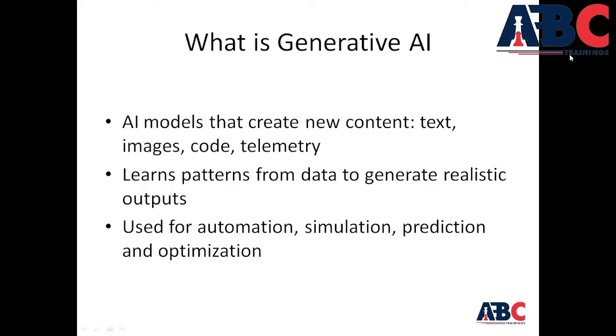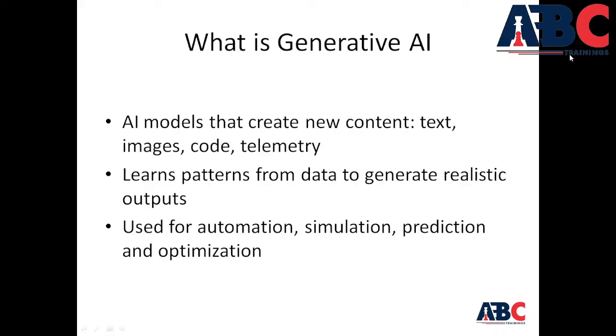By learning from diverse data sources, generative AI can generate realistic content, answer complex questions, and assist in sophisticated problem solving tasks that once required significant human effort. Generative AI enhances productivity by automating creative and knowledge intensive workflows. It helps organizations produce marketing content, design prototypes, draft legal documents, and generate code snippets in seconds.